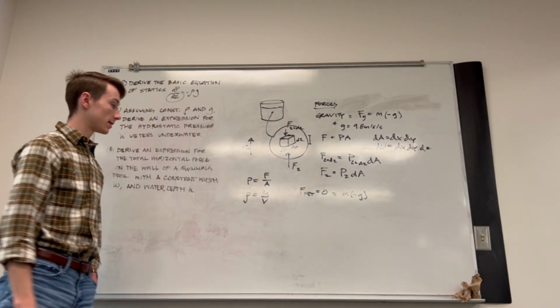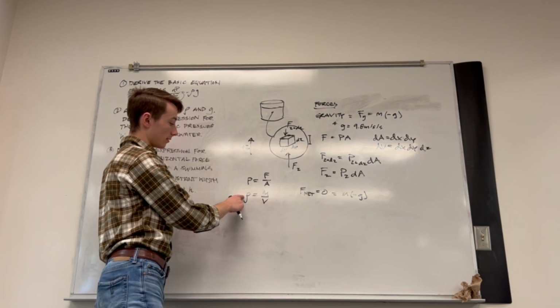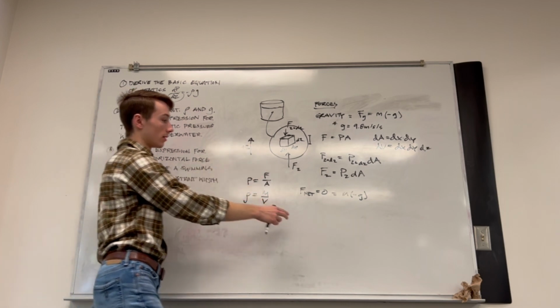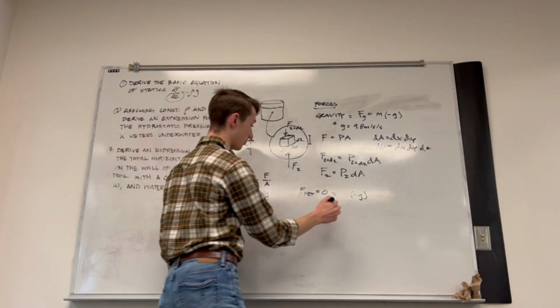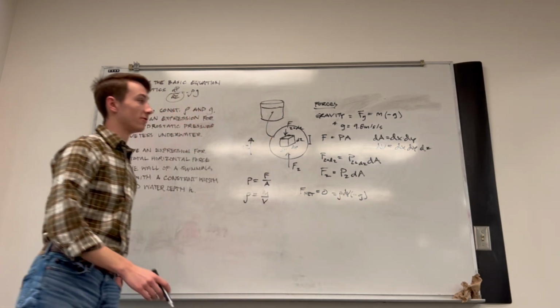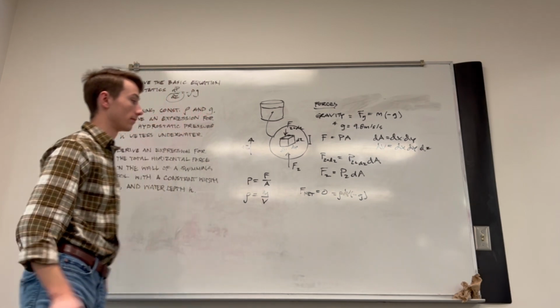So mass is equal to density times the differential unit volume, dV, which we expressed earlier as dx dy dz.